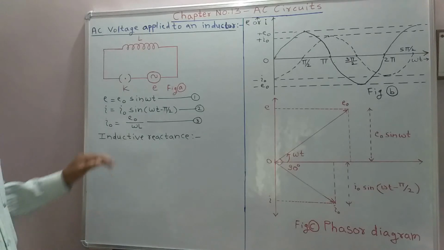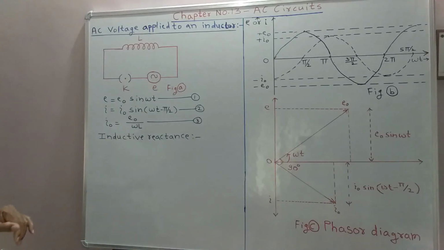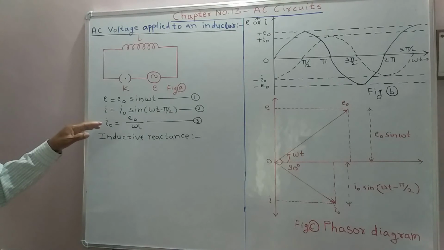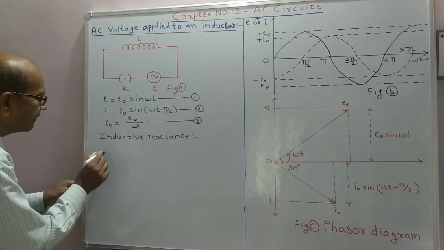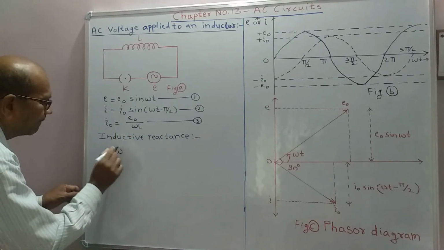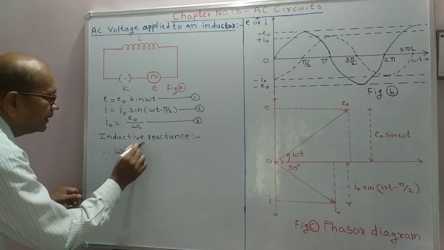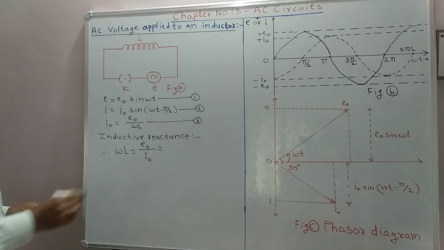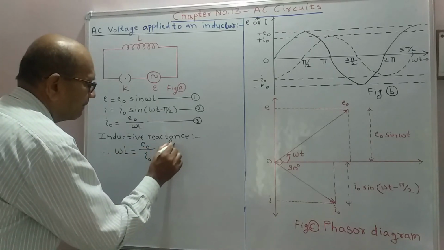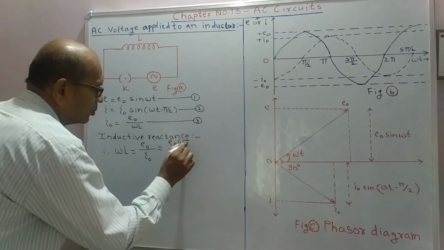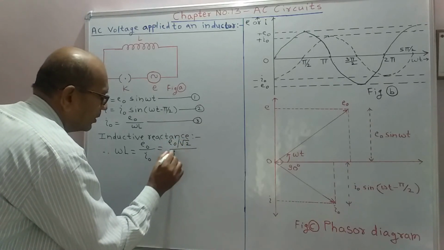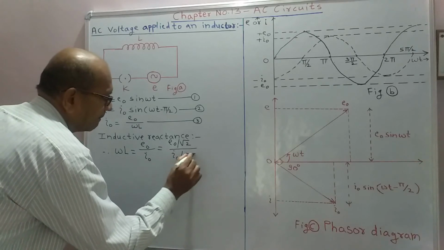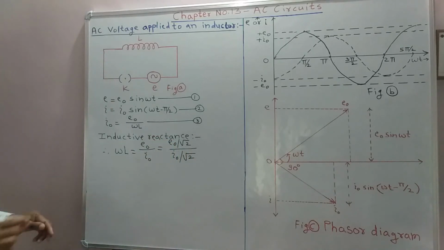Let us study inductive reactance. From equation 3, I naught is equal to E naught upon omega L. Therefore, omega L is equal to E naught upon I naught equal to E naught by under root 2 divided by I naught by under root 2.